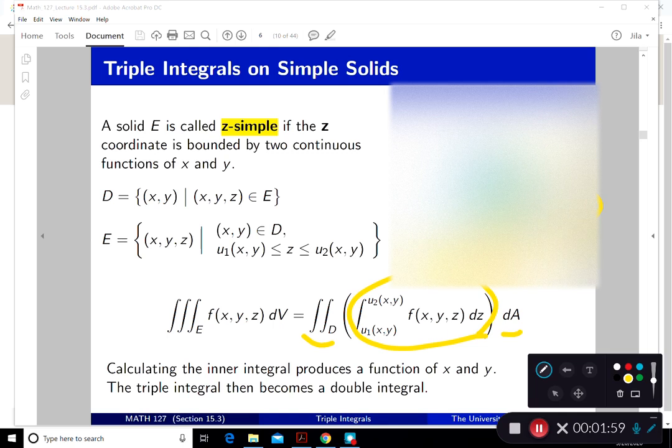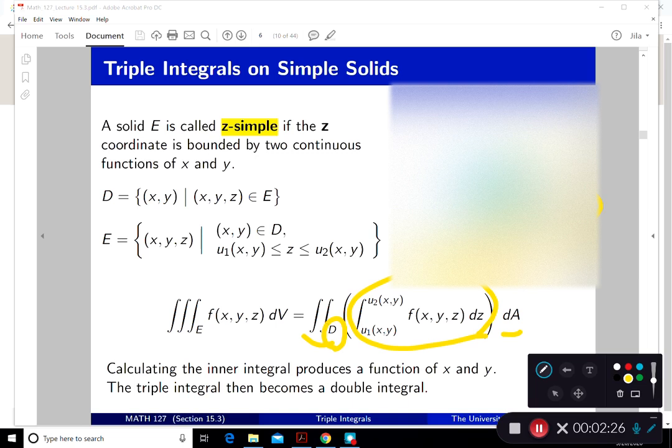So in here, I'm projecting this over the xy plane, and I find D, and that D is going to be the D that you do the double integral over on the outside. So you find a single integral for the inside, and then the two outer ones become a double integral. You do exactly how you do it with a double integral.